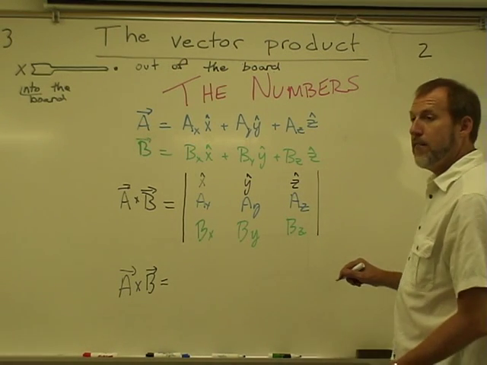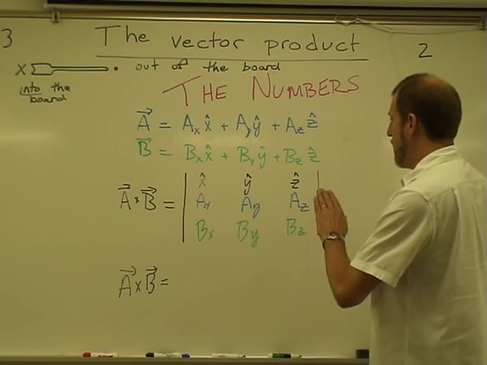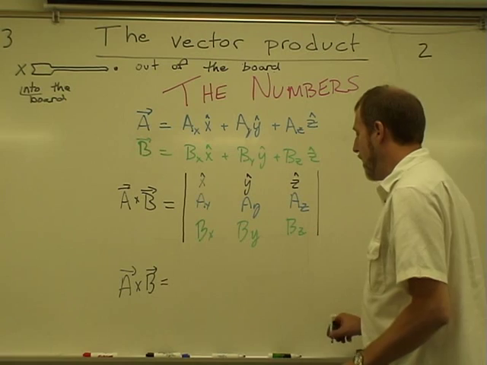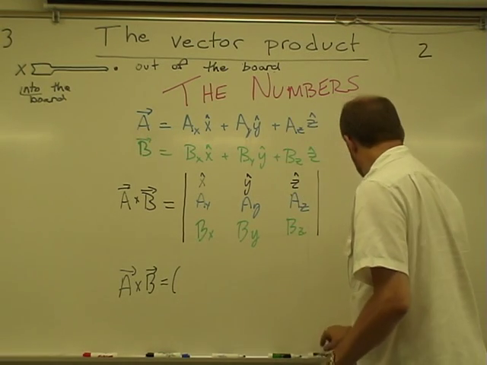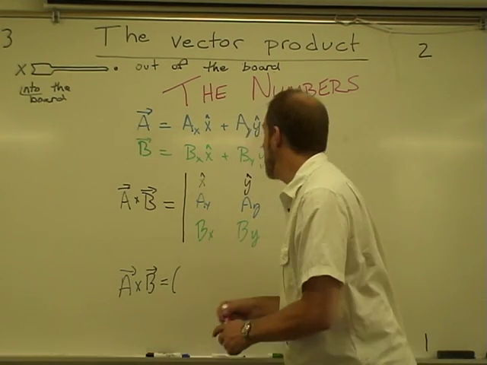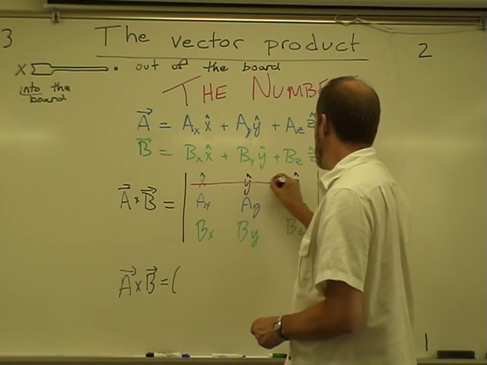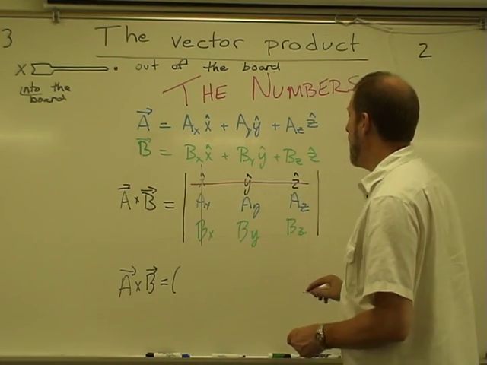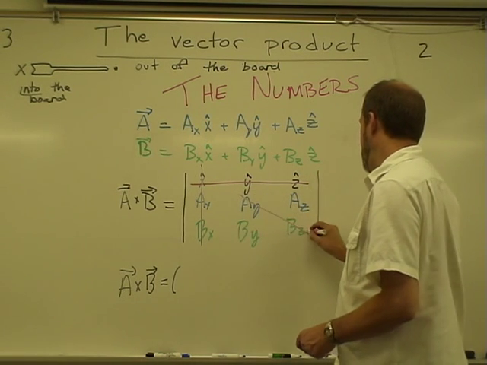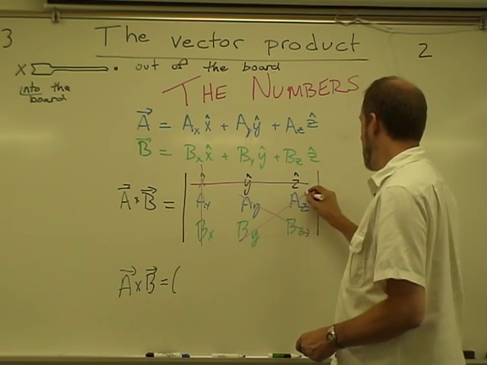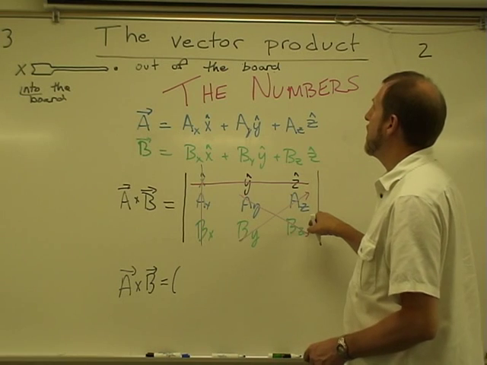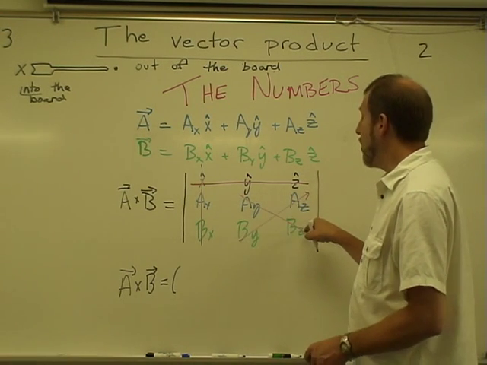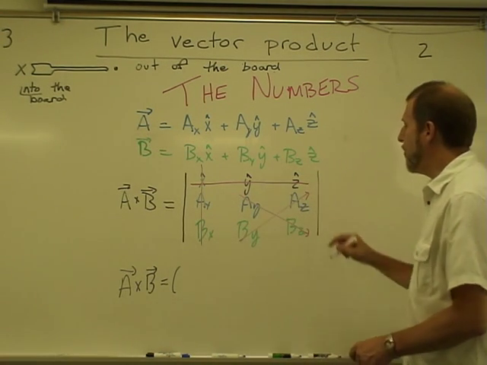Then, to find this in component form, we find the result for each component. So, the x component of this matrix is found by removing the row that's got our indices on it and the column that's got x in it, and taking the cross product of those two matrix elements.